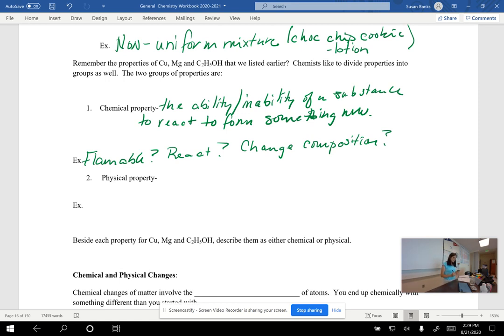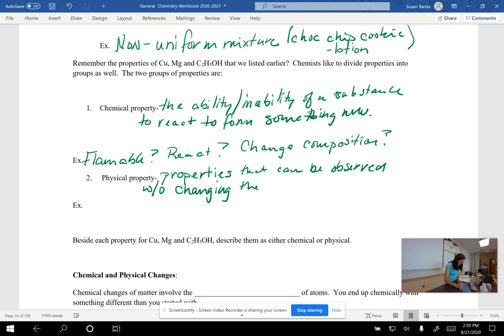Physical properties are something that I can observe without changing the chemical composition. So these are properties or characteristics that can be observed without changing the chemical composition of the object.